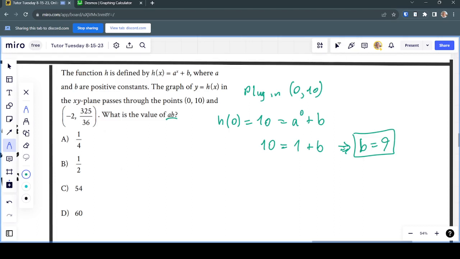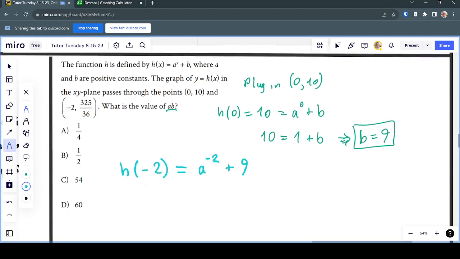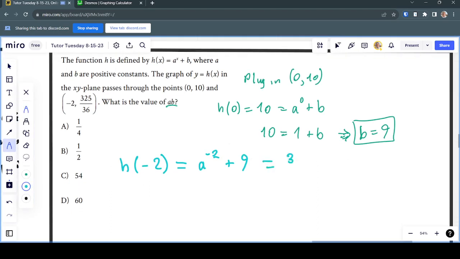So we could now plug in our second point. So we get that h of -2, let me do it in a different color, h of -2 is equal to a to the -2 plus 9. That b value that we just found was 9. And we know that this is equal to 325 over 36.